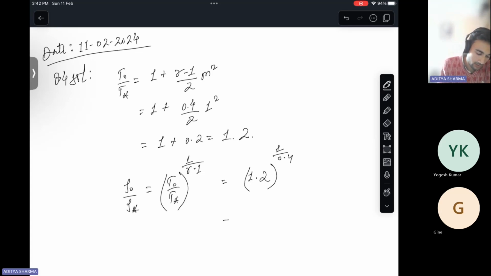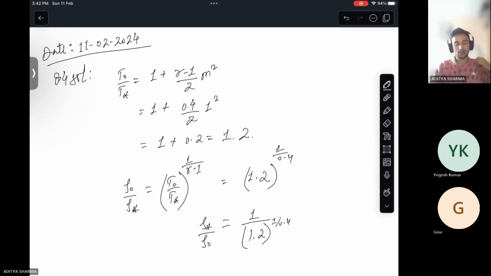All right. But we are concerned with the ratio of rho star by rho naught. Because we have been asked with respect to atmospheric density how much this static density has decreased. So this is 1 by 1.2 to the power 2.5.